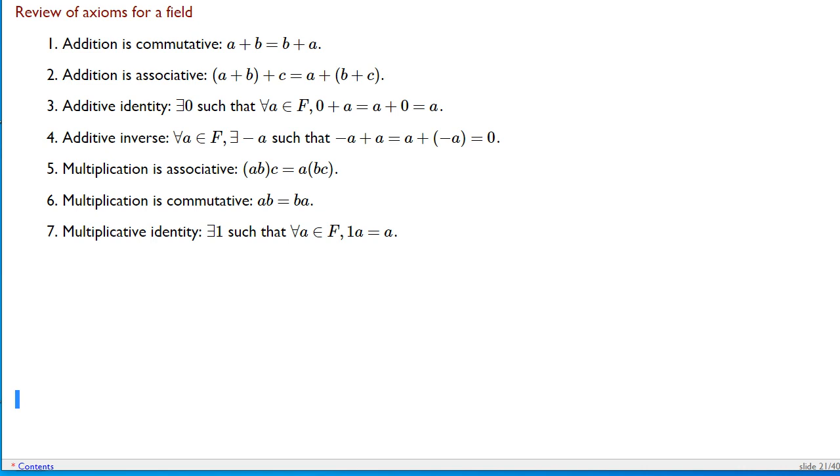It has the property that if you take any element of the field and multiply it by 1, you get back the A that you started with. Crucial property, with the sole exception of 0, every element of a field has a multiplicative inverse, denoted by A superscript minus 1, with the property that if you multiply A inverse by A, you get 1.